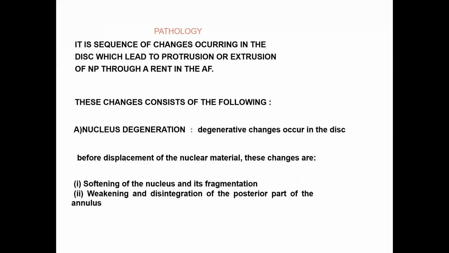Nucleus degeneration. Degenerative changes occur in the disc before displacement of the nuclear material. These changes are first, softening of the nucleus and its fragmentation, weakening and disintegration of the posterior part of the annulus.